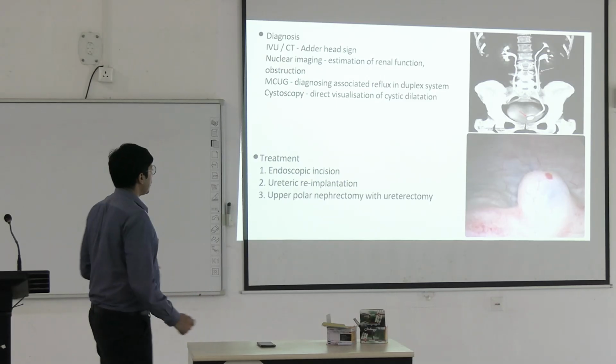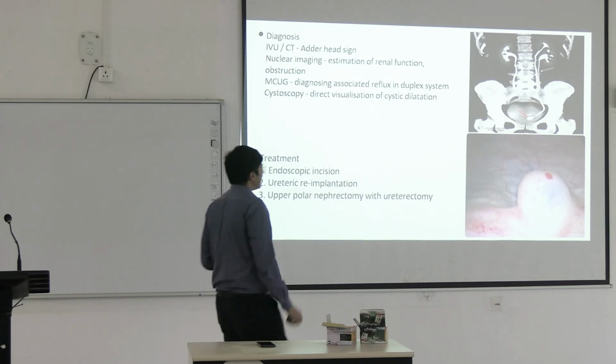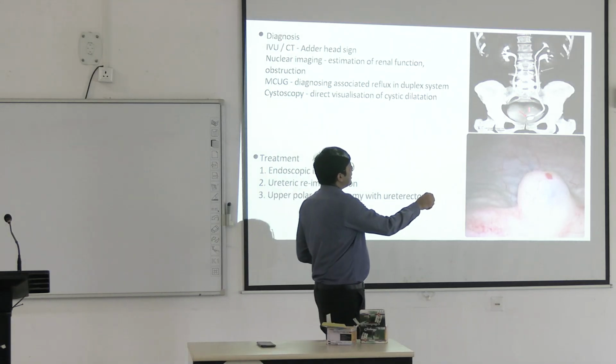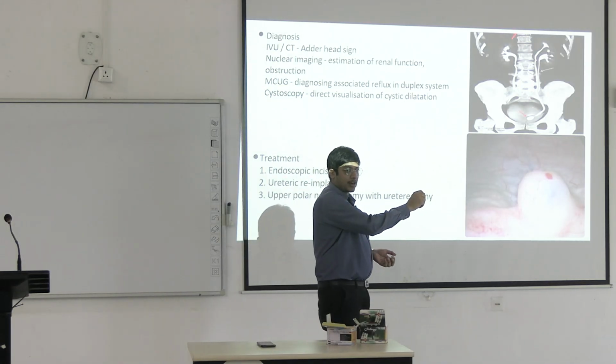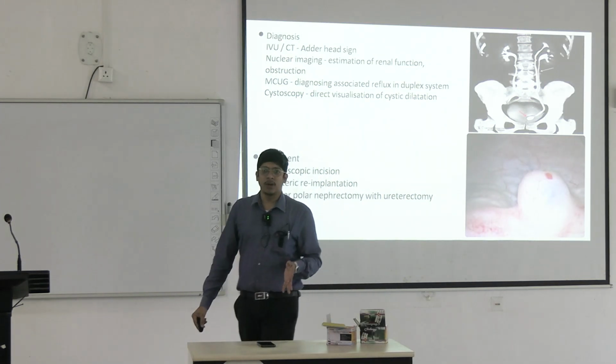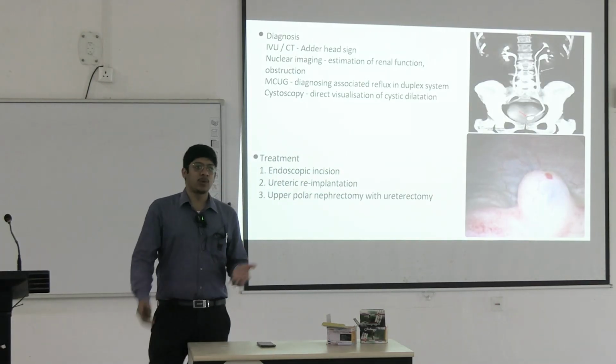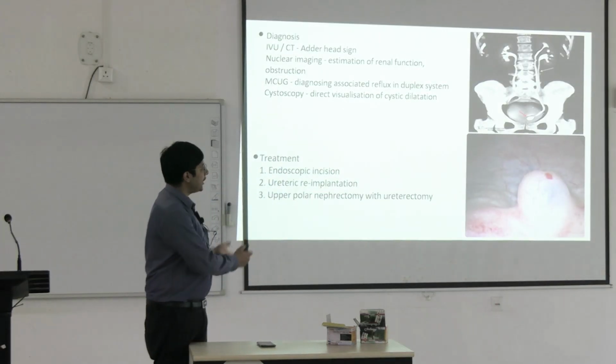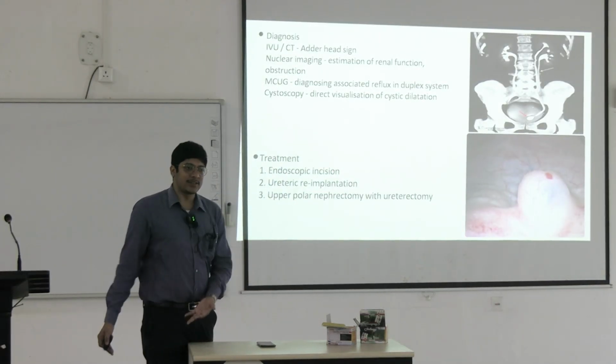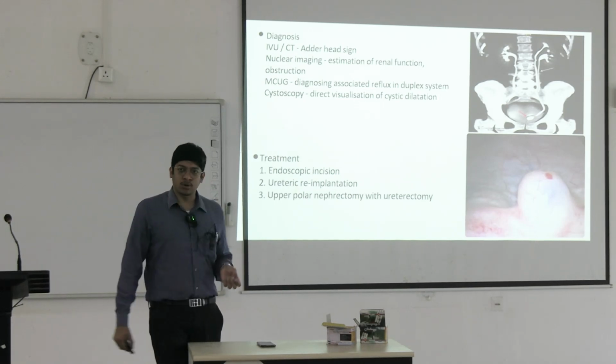Very good. Vesicoureteral reflux. So, in cases where the system is duplex, there are two pelvicalyceal systems draining one kidney, it is commonly seen that one system eventually ends as a ureterocele and the other system gives rise to vesicoureteral reflux.